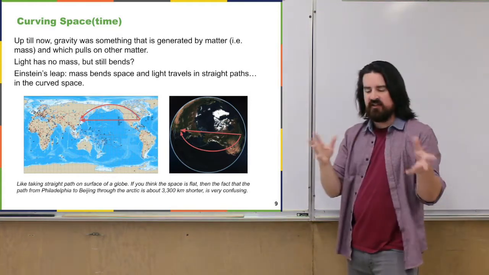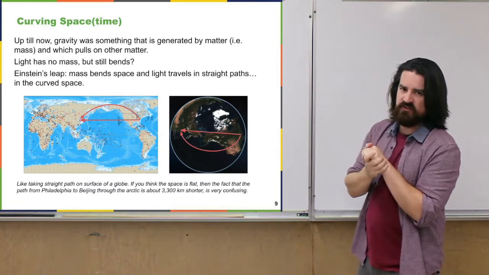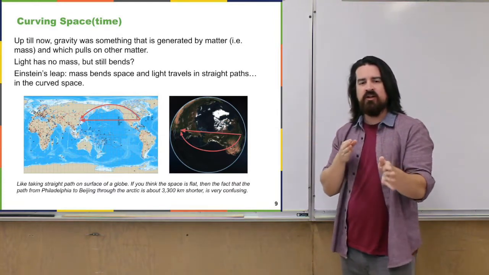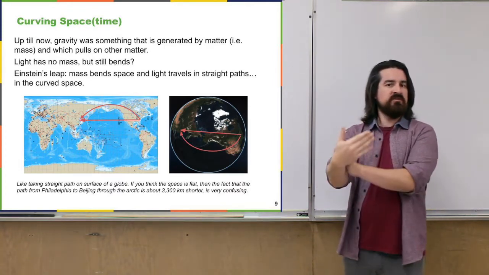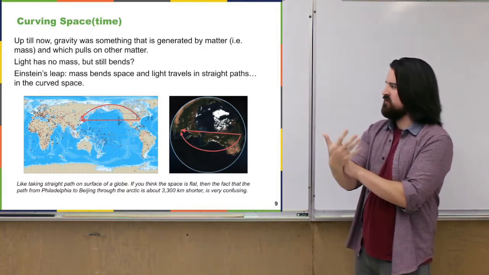So thinking about light curving or appearing to curve in gravitational fields, Einstein said, well, what that really is, is light going in a straight path, but through a space that has been curved. The space itself is actually curved or warped.